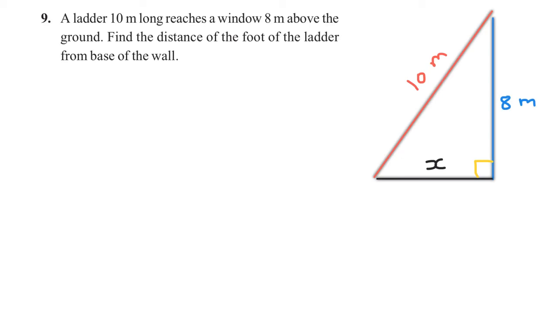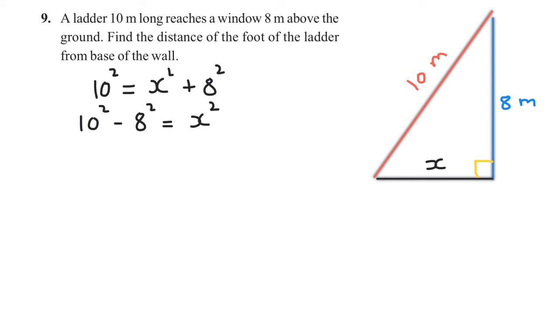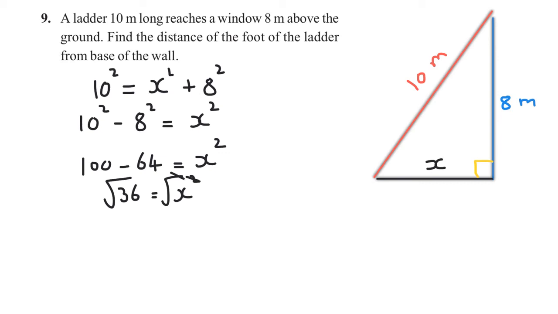According to it, 10 squared is equal to x squared plus 8 squared. So 10 squared minus 8 squared is equal to x squared. 100 minus 64 equals x squared, so 36 equals x squared. Take square roots and x is equal to 6 meters. So the base of the ladder is 6 meters away from the wall.